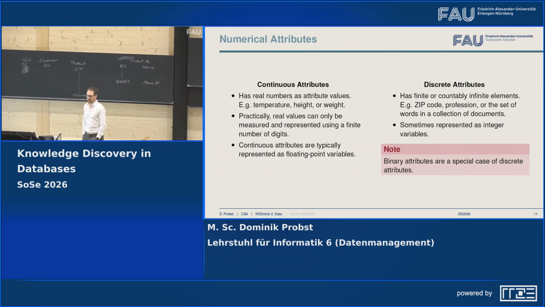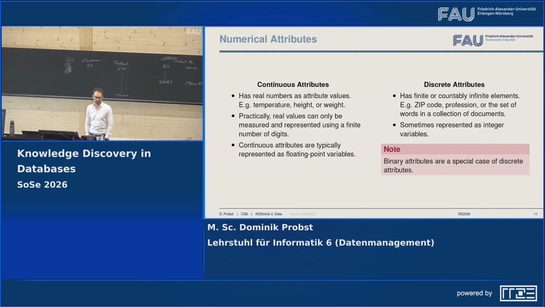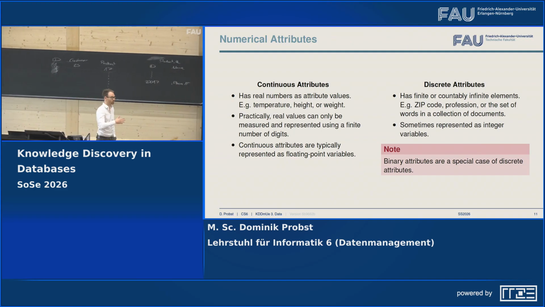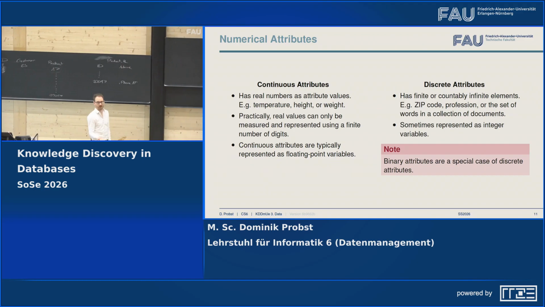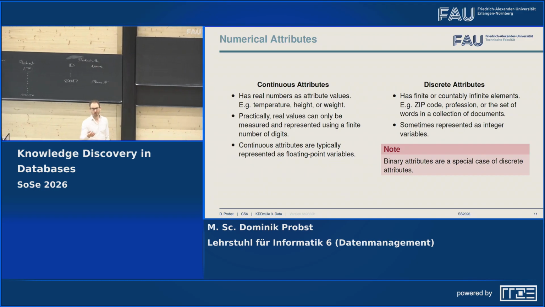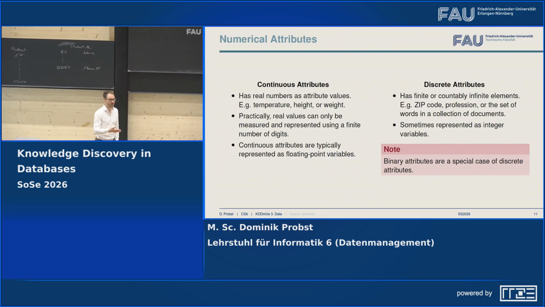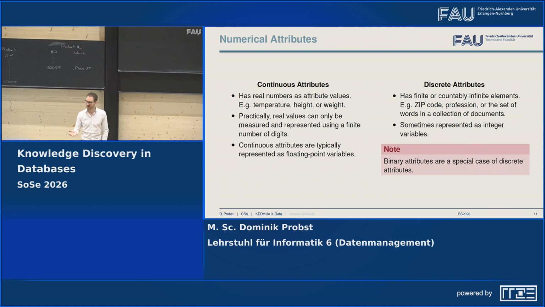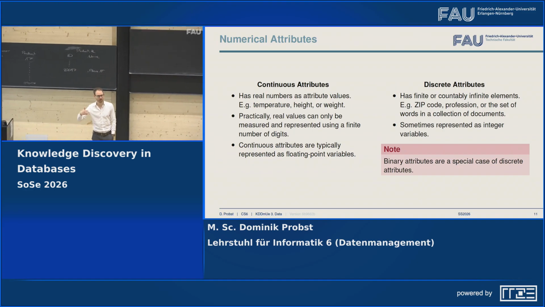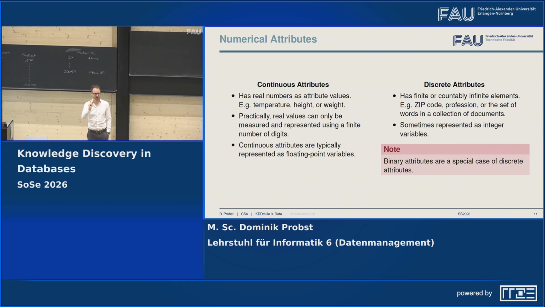For example, temperature. Between 23 and 24 degrees Celsius, we can still have 23.5. And between 23.5 and 23.6, we can still have 23.55. We can always fit another measurement in between.